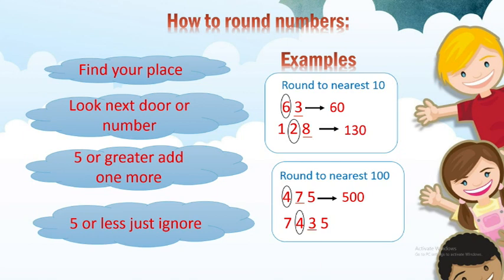So you have to underline 3, and then you have to look whether 3 is less than 5 or more than 5. Very good, 3 is less than. So you have to ignore 3 and 5. Okay, so you have to write 7400.